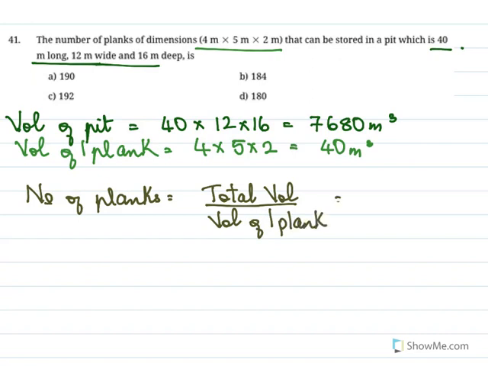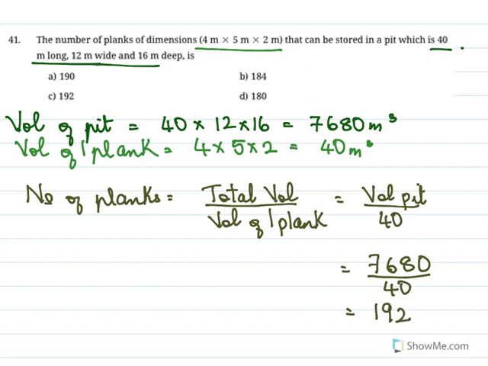Now here the total volume is volume of pit, and volume of one plank we know is 40. So this is 7680 is volume of pit over 40. And when you divide this, you get the answer 192. So the number of planks here is 192. 192 planks will fit in this entire pit.